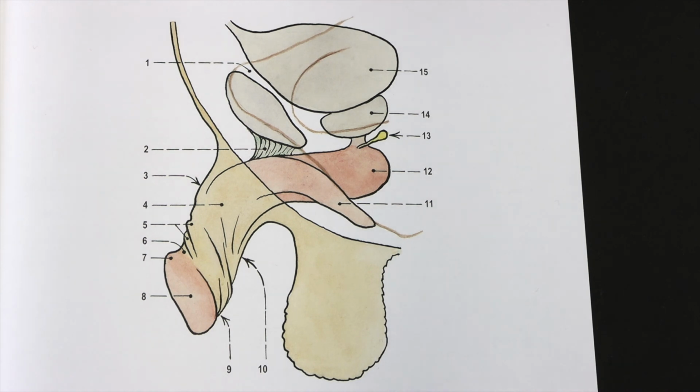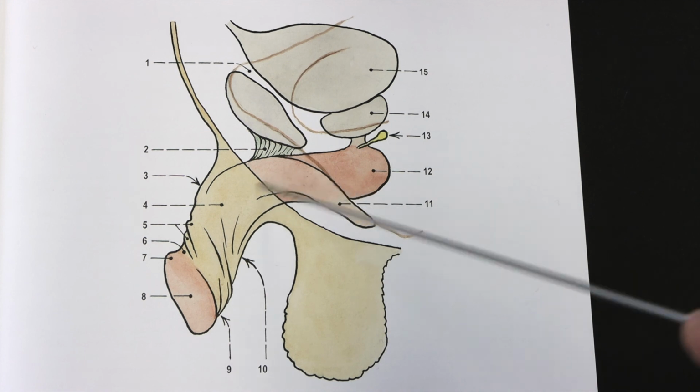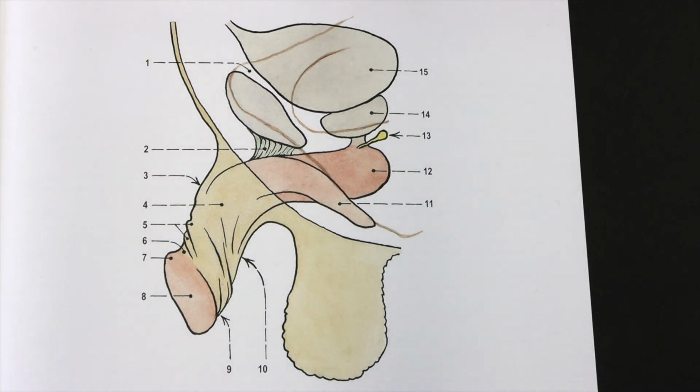The glans penis is not completely covered by the skin, because the skin of the penis, as you know, is pigmented, and it also contains hair.